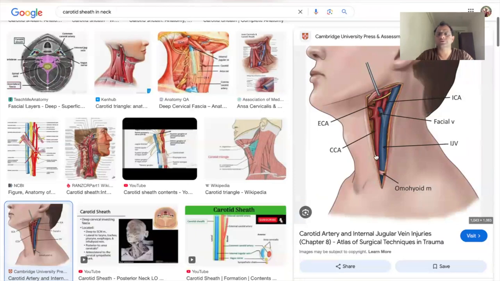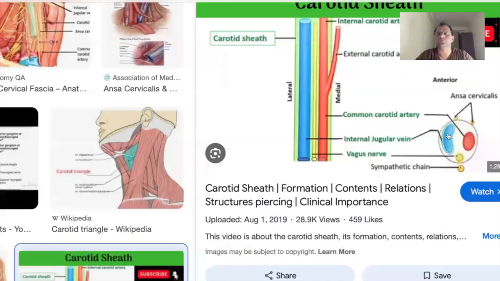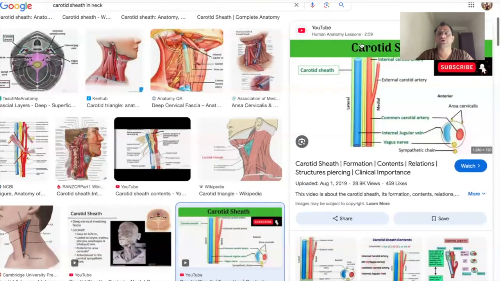And one nerve is passing, that is vagus nerve. Let's see here. So common carotid artery, internal jugular vein, and vagus nerve. Three structures passing from here, and when you are pressing this point, which point? Stomach 9. Exactly at the level of Adam's apple, you are going and pressing this point.